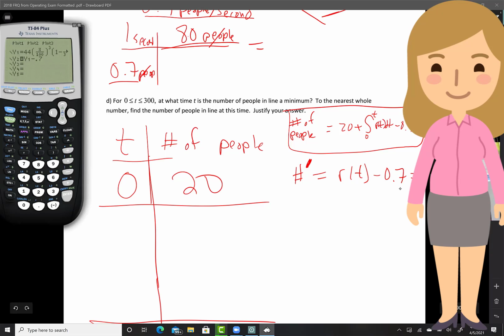And then all I care about is where it crosses the x-axis. So I'm going to go to window, x-min 0, x-max 300. Wait, and how do you just turn off an equation? Oh, okay. Go back to Y equals. Hover over the equal sign and push enter. And then it should be off now. Do you see that? Okay.